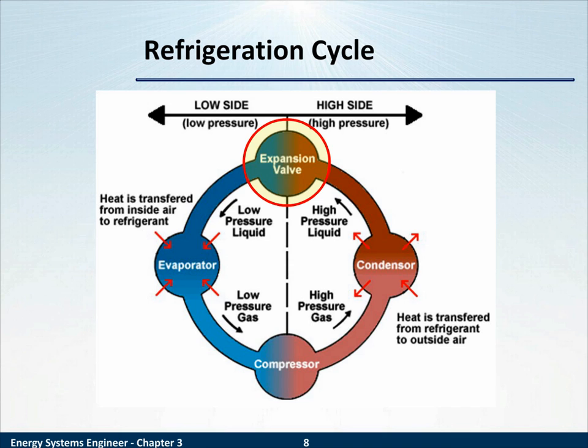Then going through the evaporator, you have a cold liquid which can accept heat from the inside air at the evaporator, and the evaporator rounds out the four components of a vapor compression refrigeration cycle. You see the difference in color, hot and cold, red and blue. You see a high pressure side, a low pressure side.